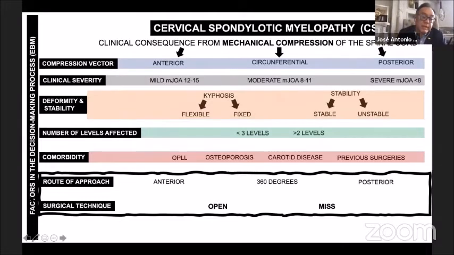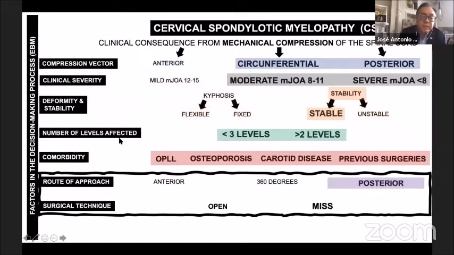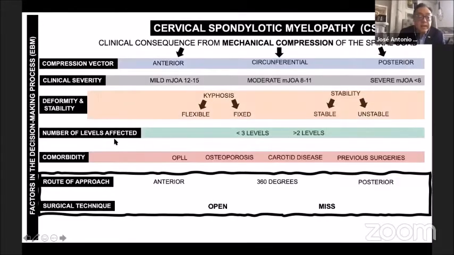The main factors for the decision-making process are the compression vector, which can be anterior, circumferential, or posterior; the clinical severity from mild to severe according to the modified Japanese Orthopedic Association scale; the presence of deformity or instability, specifically kyphosis, flexible, fixed, or instability; the number of levels affected, suggesting for less than 3 the anterior approach is the best, and for more than 2, posterior maybe is the best; and the associated comorbidity.